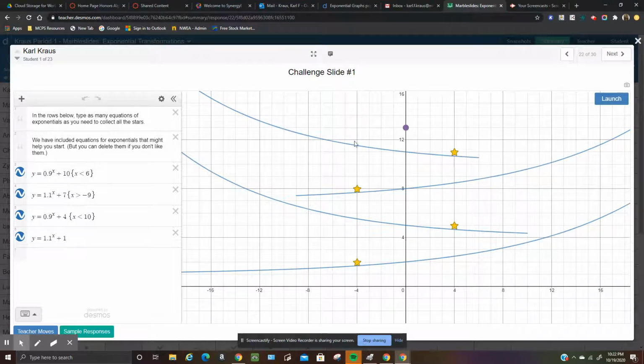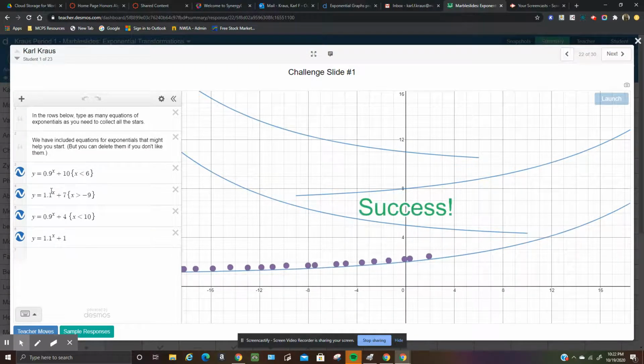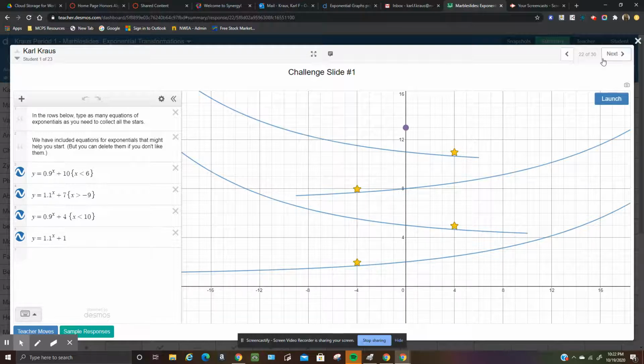So here I made an exponential decay, exponential growth, exponential decay, exponential growth, and then the marble is going to collect all those. All right.